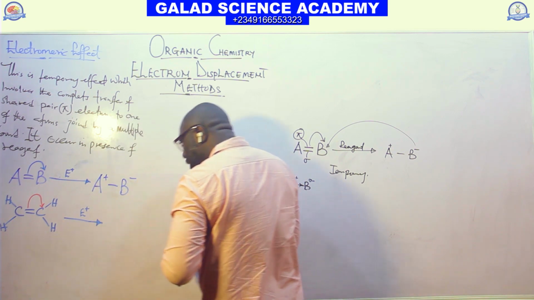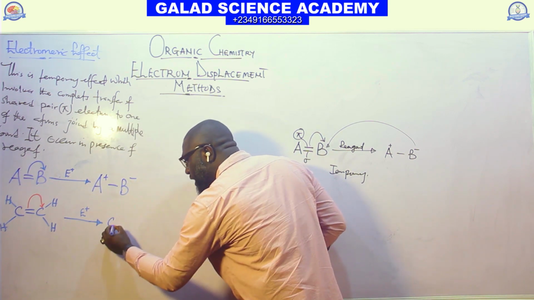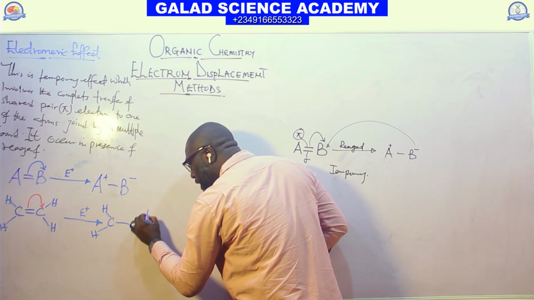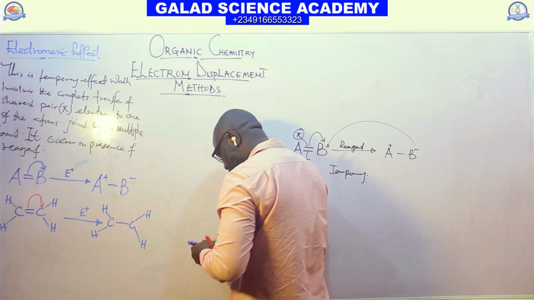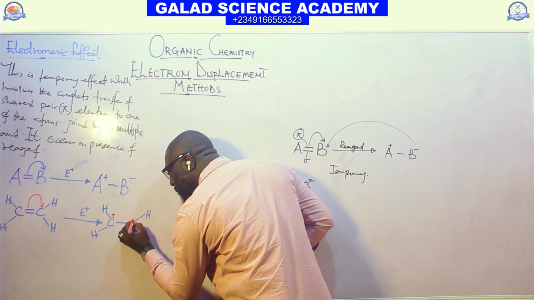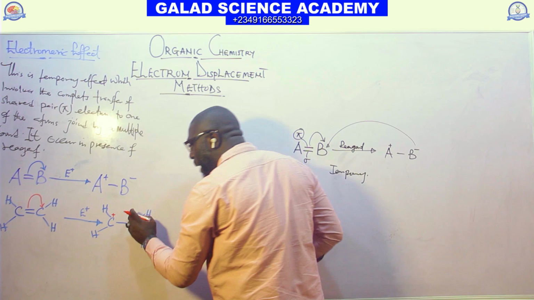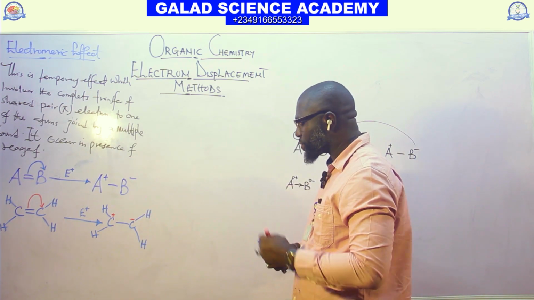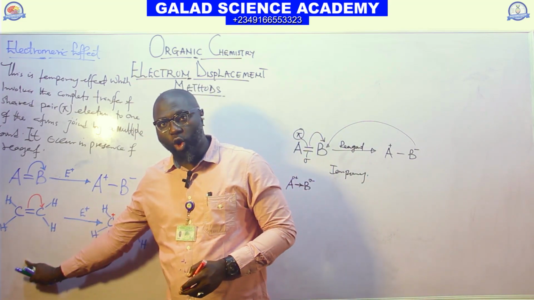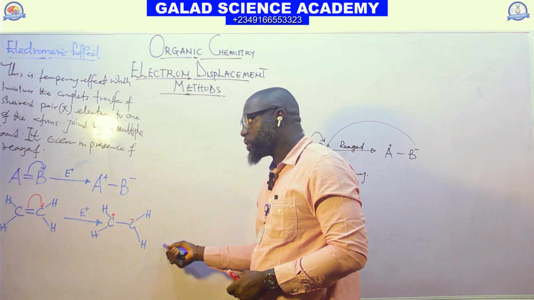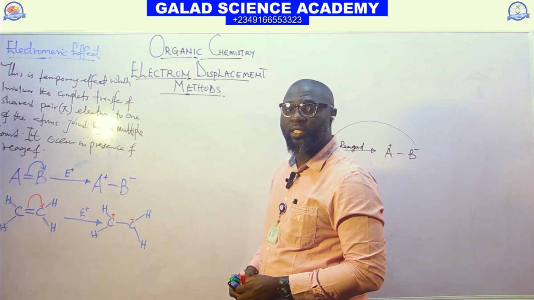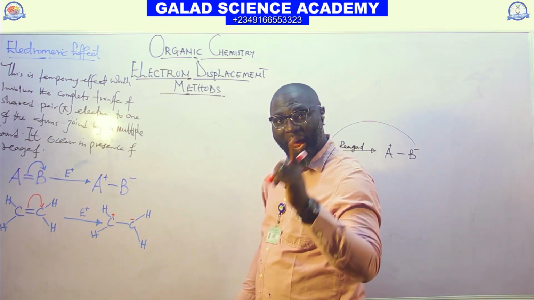As a result, we have CH2 and CH2, where one becomes positive and the other becomes negative because it is the one receiving the pi electron. If I remove the reagent, it will still go back. This is a good example of the electromeric effect.